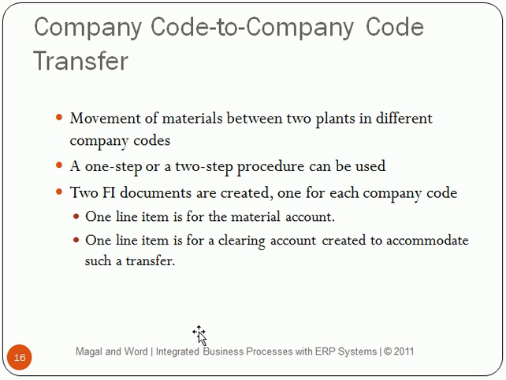Now moving from one company code to another company code. These are like two different companies. So again, you can do that. They are of course under the same client, but two different companies. You can either do it in one step or two steps depending on the geographical dispersion.